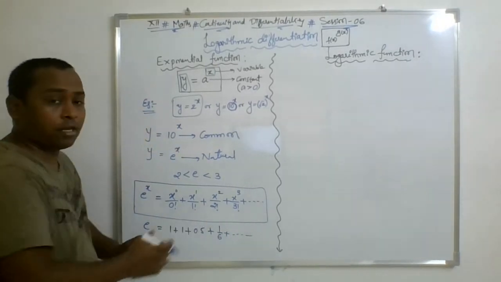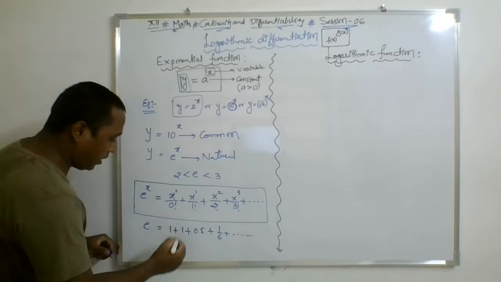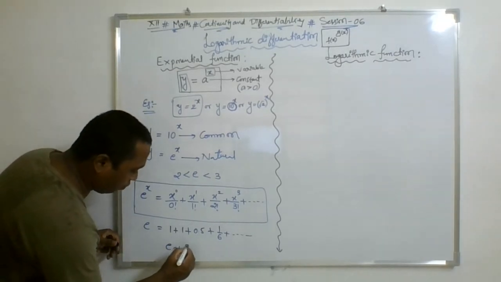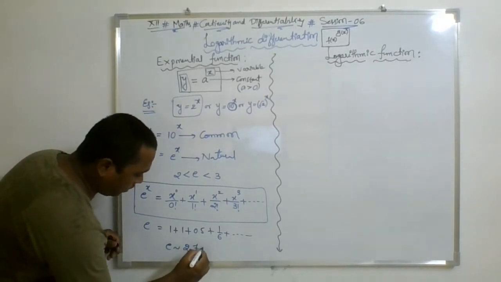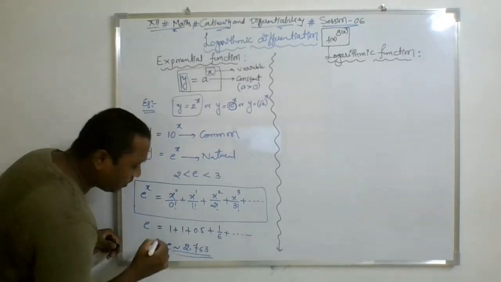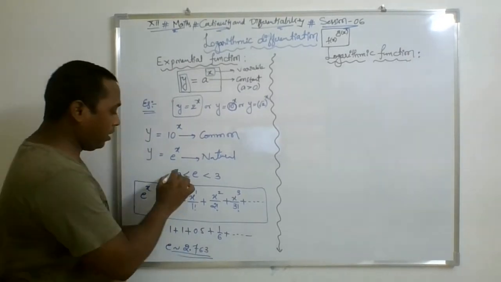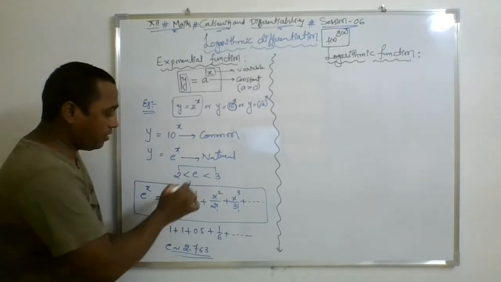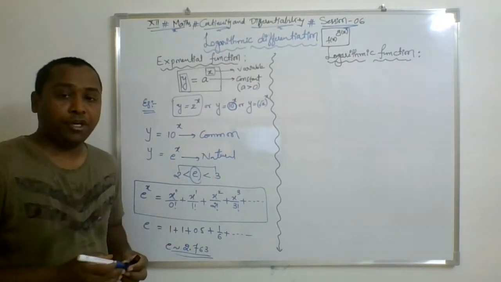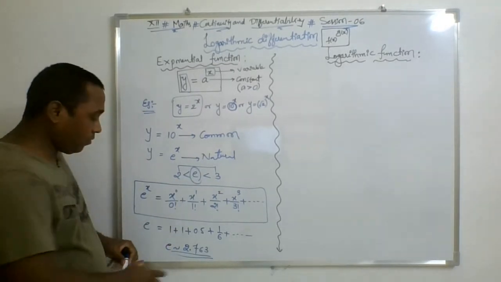If you take the sum of this infinite series, it's almost equivalent to 2.718 something, which lies between 2 and 3, and this constant is called the Euler number.